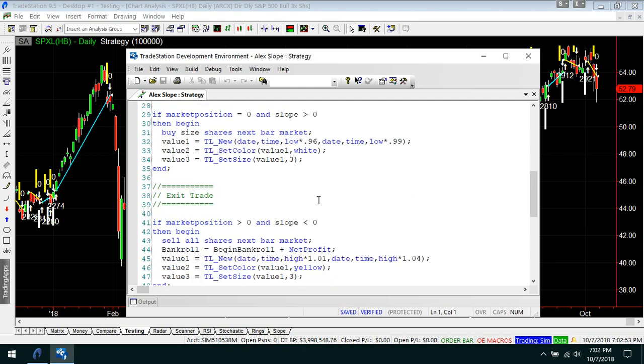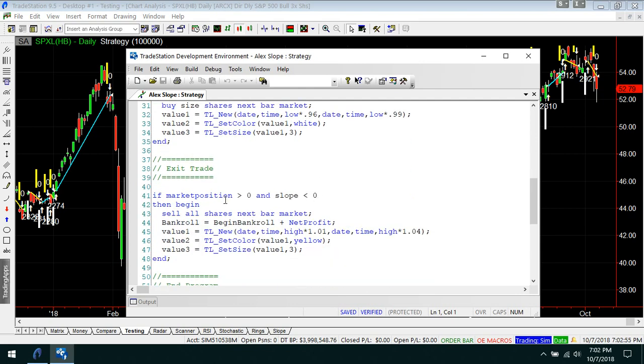On the other hand, if market position is greater than 0, in other words, we are in a position and the slope turns negative, slope less than 0, then we will sell. We'll sell all our shares, the next bar at market. We'll increment our bankroll, add to it our profit, whatever we've made.